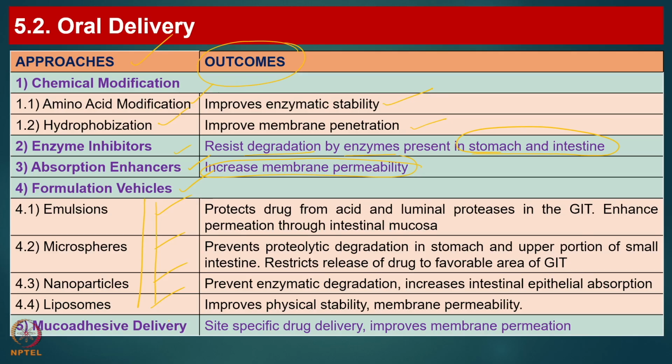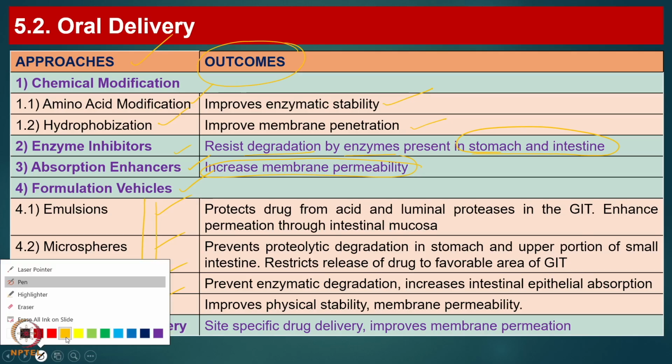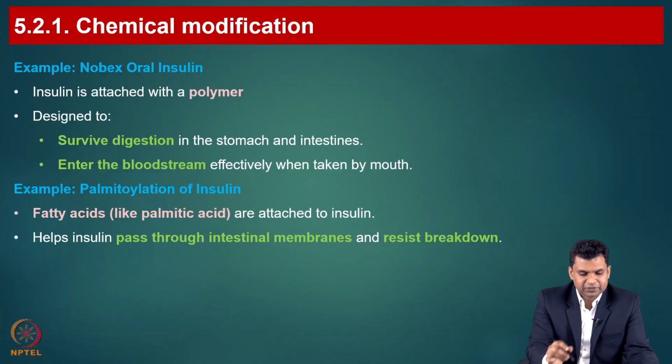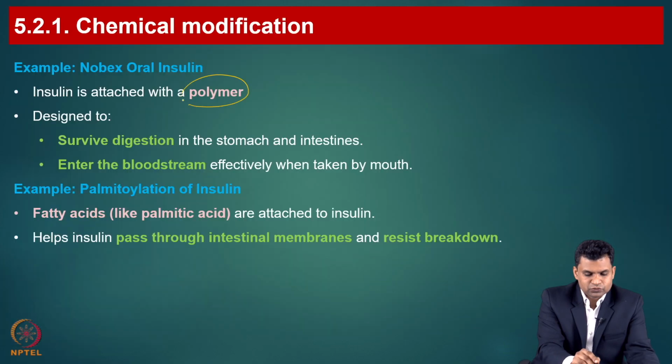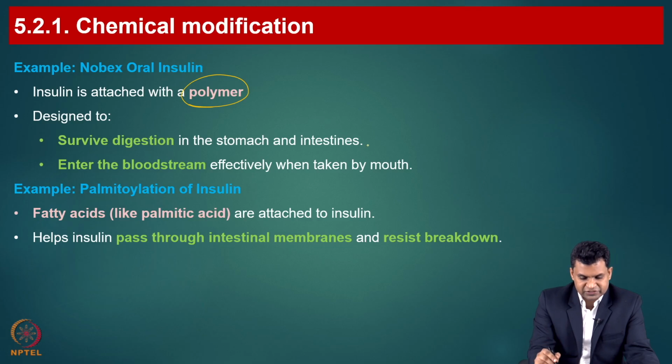And then mucoadhesive systems. Here you can see the chemical modification. We can use polymers, which will also control the deamidation during the formulation as well as storage, and which can survive all types of degradation processes which may happen in the blood as well as by the oral route, in the stomach and the intestine.